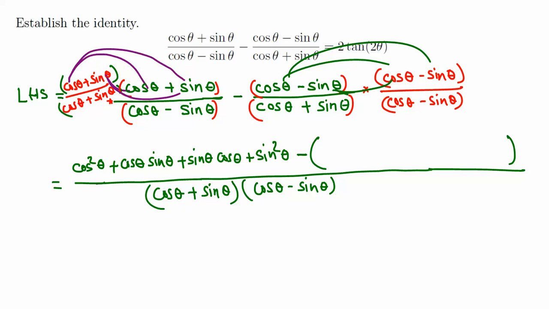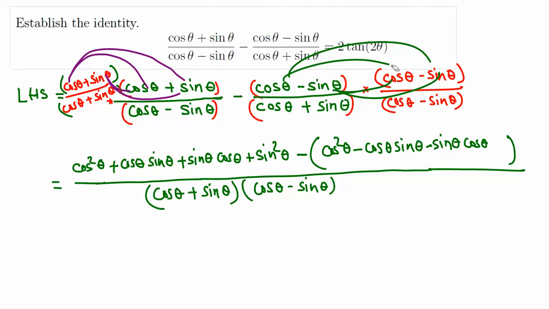Just multiply cosine times cosine, cosine square, cosine times negative sine, minus cosine sine, minus sine times cosine, minus sine cosine, and the last, minus sine times minus sine, minus minus plus, sine square.